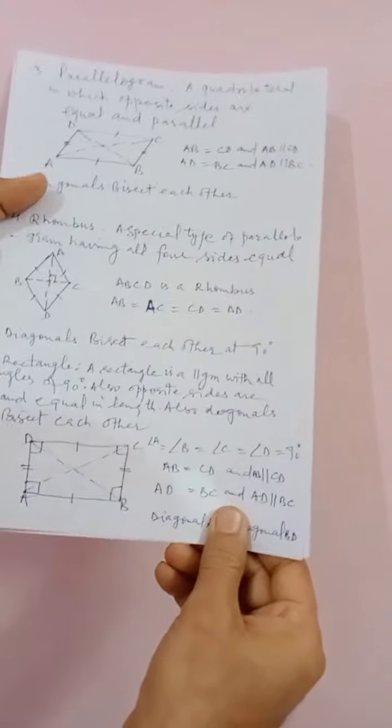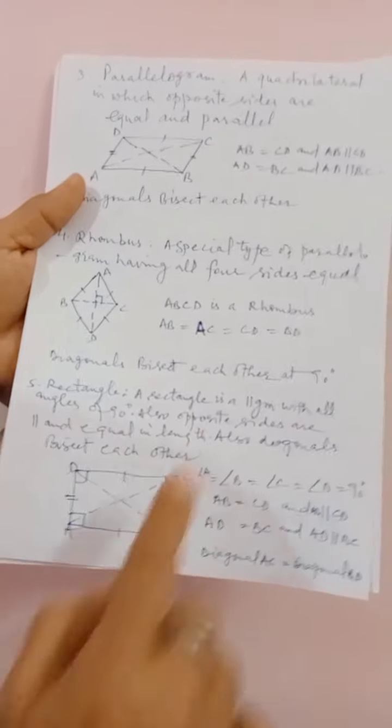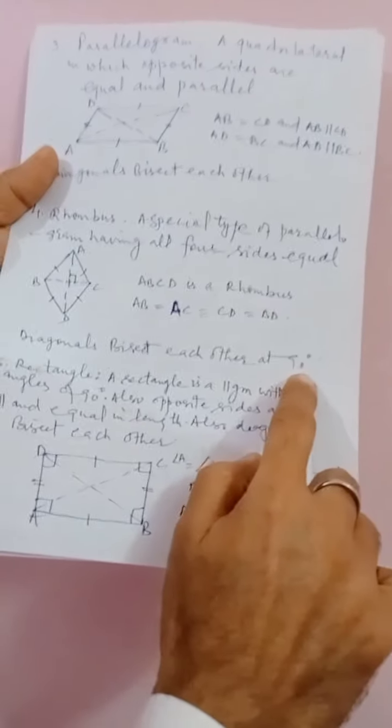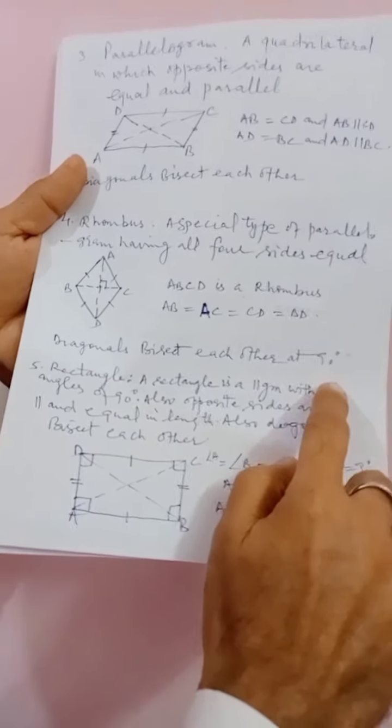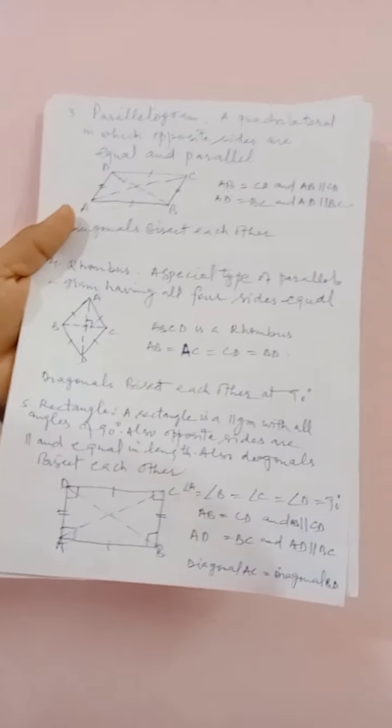Here the diagonals AD and BC bisect each other at 90 degrees, that is, at right angle. This is the beautiful property of a rhombus.